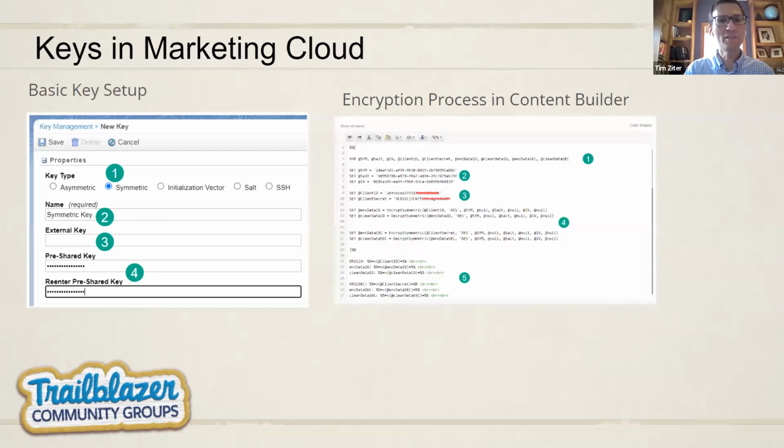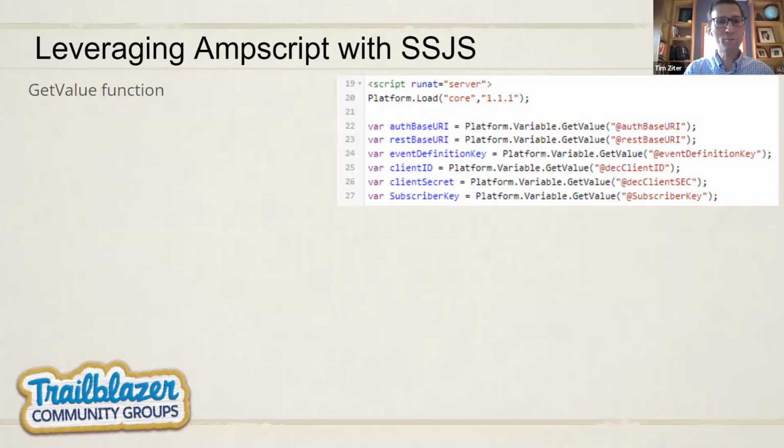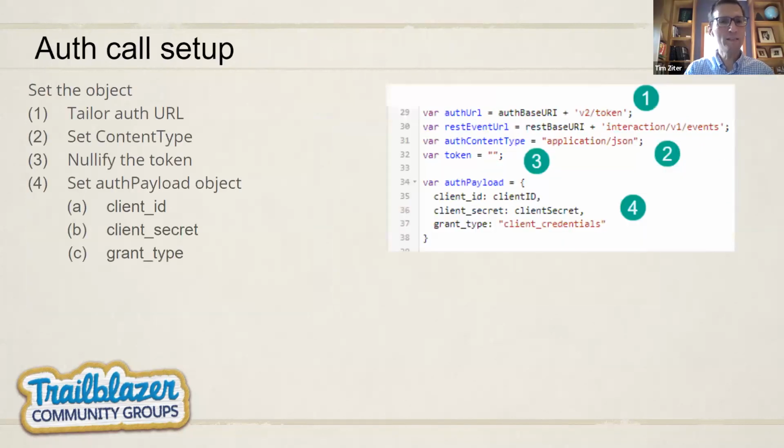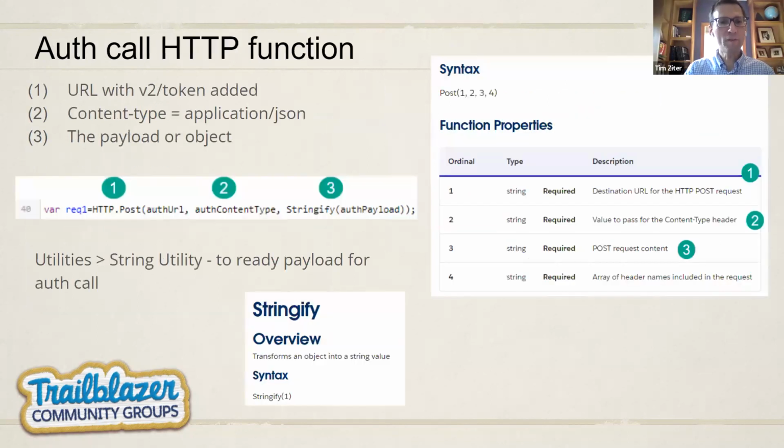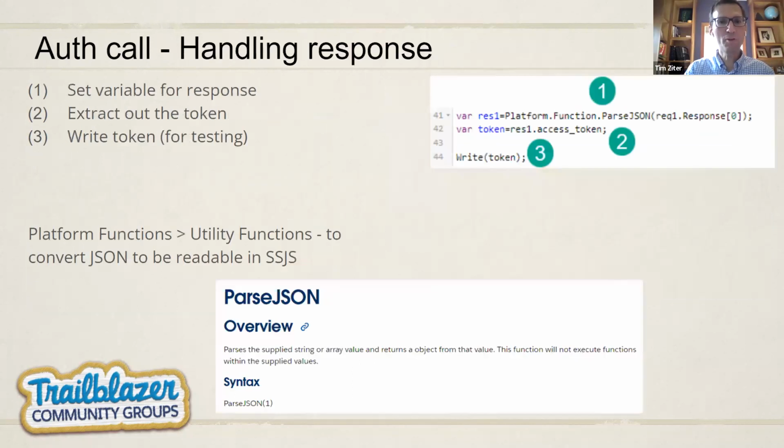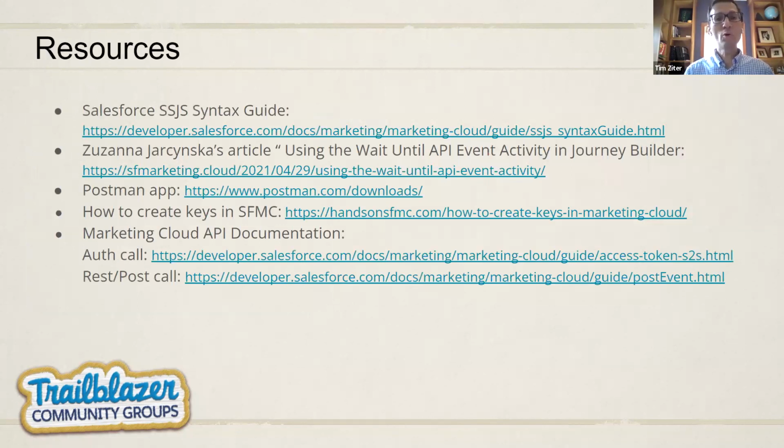The example of how we're going to be utilizing AMPscript with SSJS, and then a specific breakdown of how we did the auth call setup, going through that entire code, through the response, and how that was all generated. And then we've got some great resource guides: the server-side JavaScript documentation, that's the first link, and these two links down below on the API documentation.